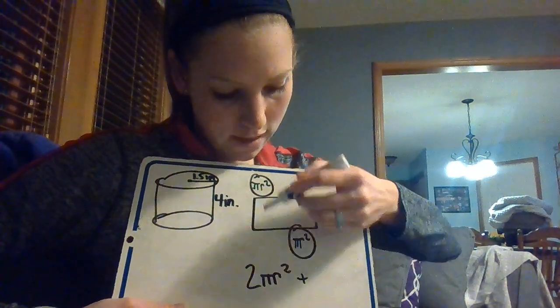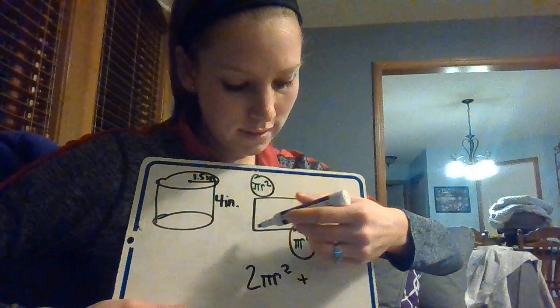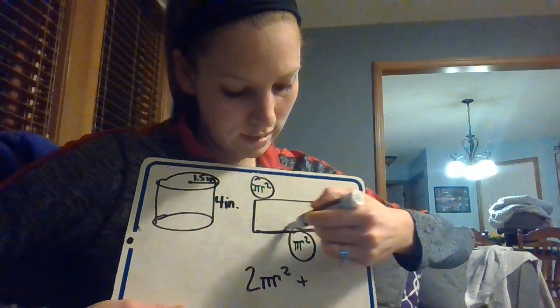And then I'm going to add the rectangle's area. If we think about what this length is, I'm going to come back to my soup can. What do we call the perimeter of a circle? The outer edge. When I unfold this soup label, it is the length that goes around the circle.